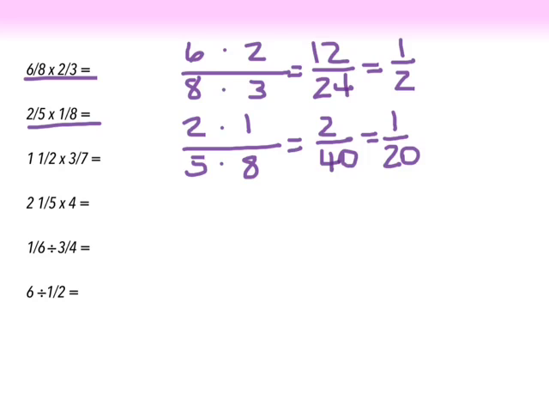We're going to go to a little bit more complex one now. We have 1 1/2 times 3/7. So what are we going to do with this 1 1/2? Remember, this is a mixed fraction. We're going to make it an improper fraction. And how do we do that?